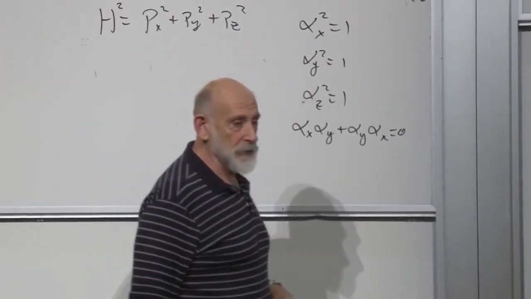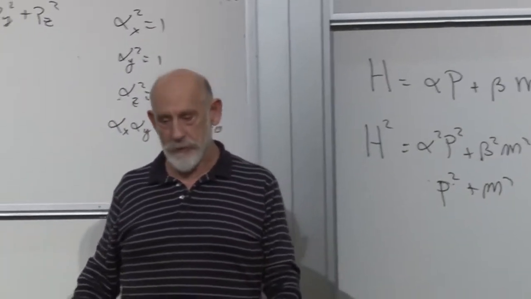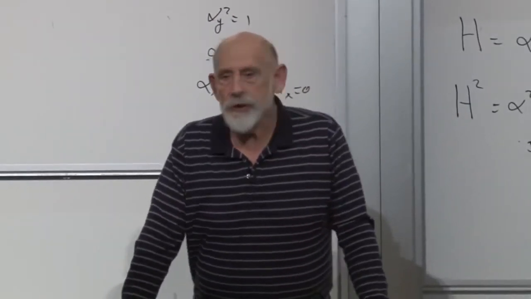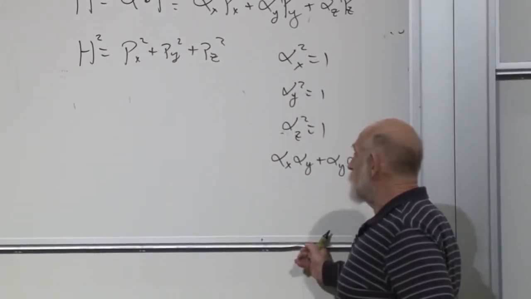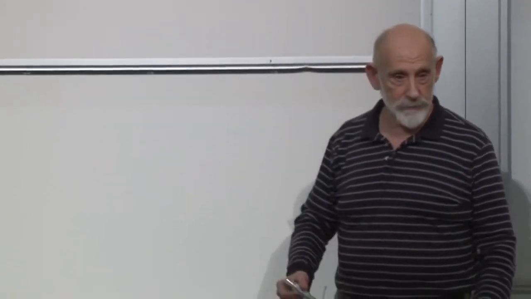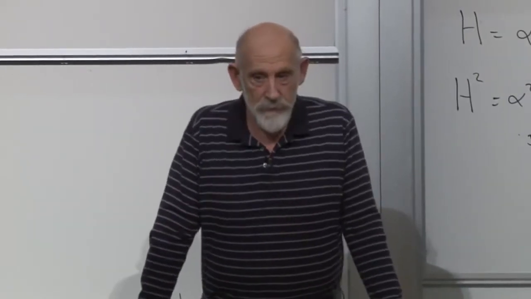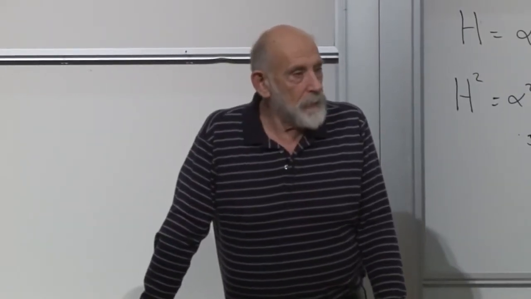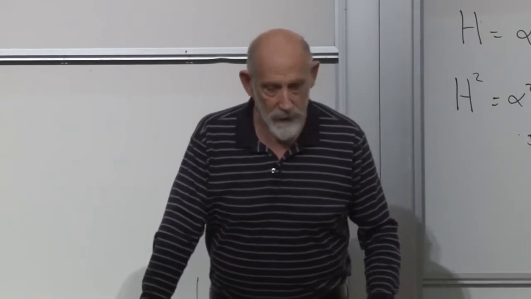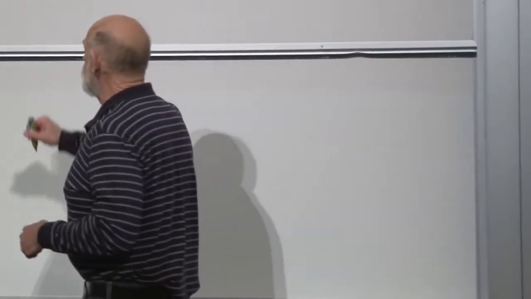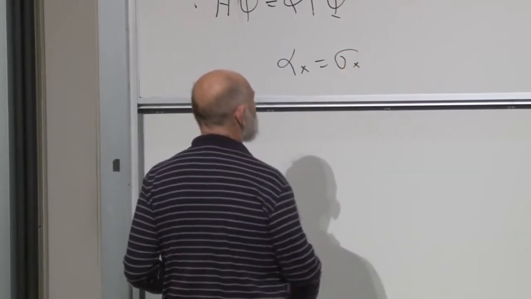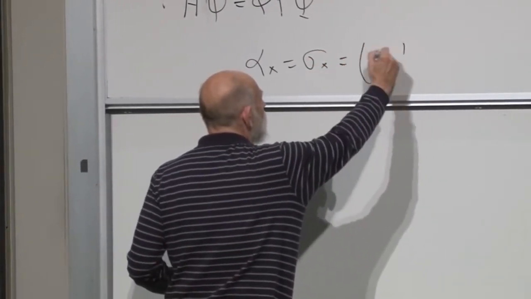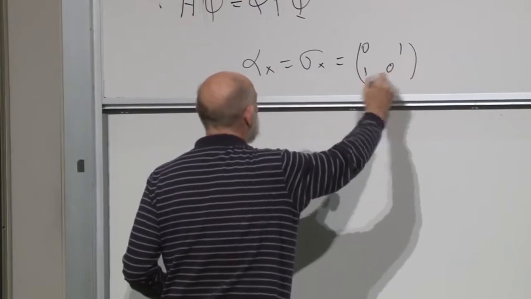So Dirac says, can I find three matrices which each one squared is 1 and which mutually anticommute? And the answer to that's easy. Pauli matrices. The three Pauli matrices do exactly that. Okay? So if we say alpha x is equal to sigma x, the Pauli matrix, equals 0, 1, 1, 0.